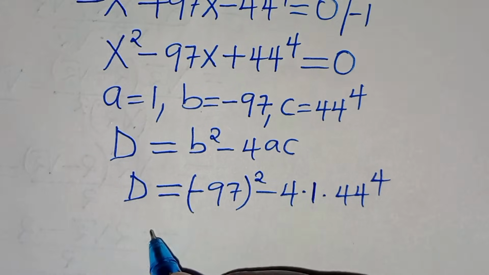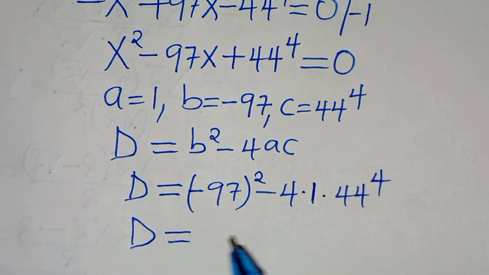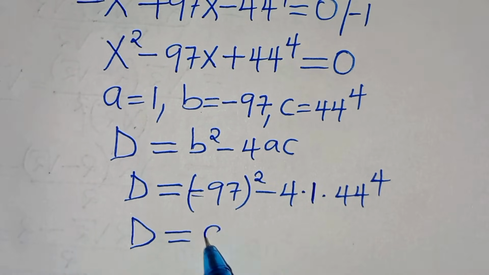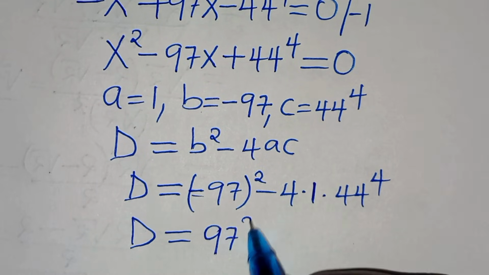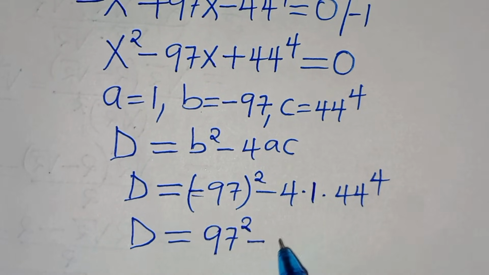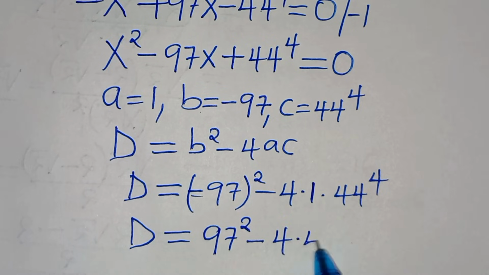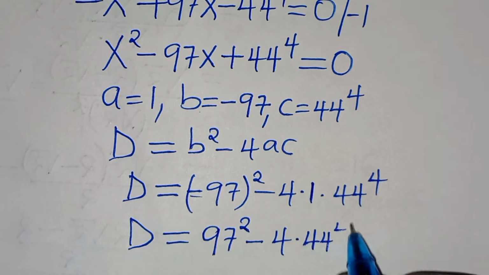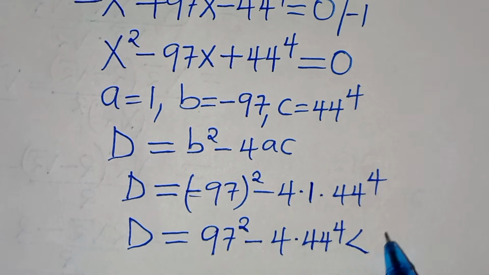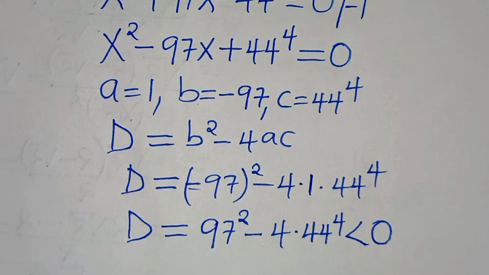And this implies that the discriminant value here, which is 97 to the power of 2 subtract 4 times 44 to the power of 4, is less than 0.